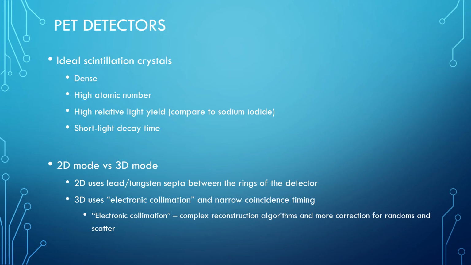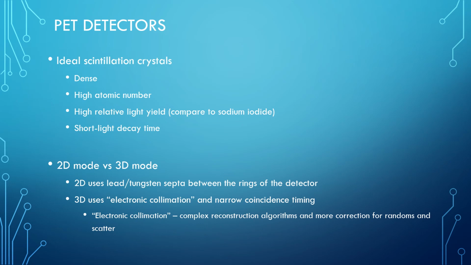That will also help yield a higher light yield, which means it will actually scintillate at the crystal or the detector, and then a short light decay time. It should be able to capture those photons, scintillate them, and then send them to the photocathode or the PM tube so they can end up being counted.